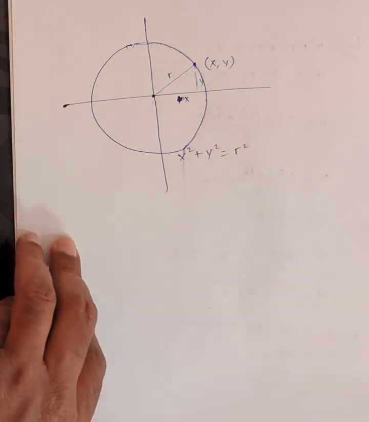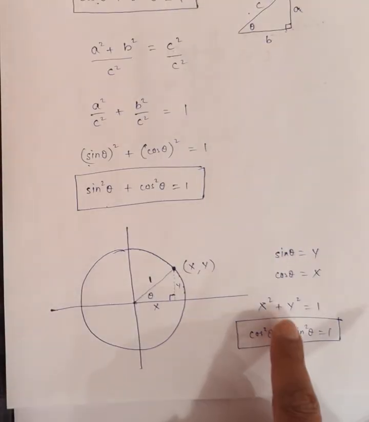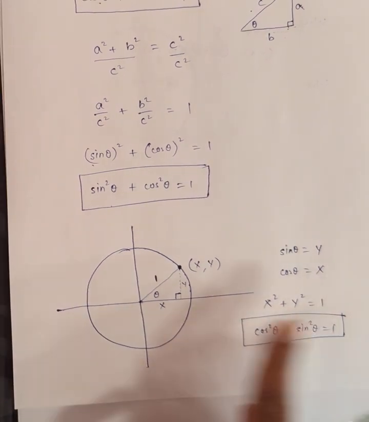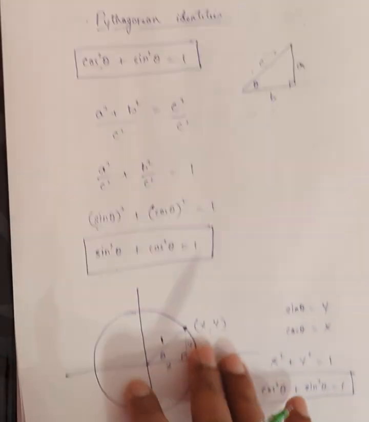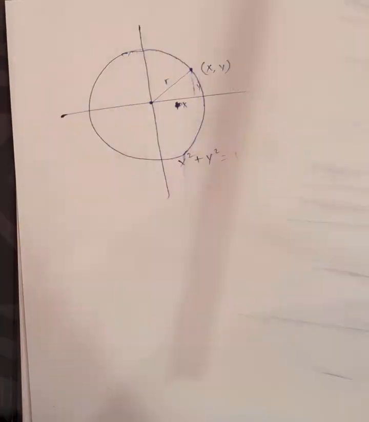So if you remember that, then you know the equation of the unit circle is x square plus y square equals 1. So that's the proof of this identity, cos square theta plus sine square theta equals 1.